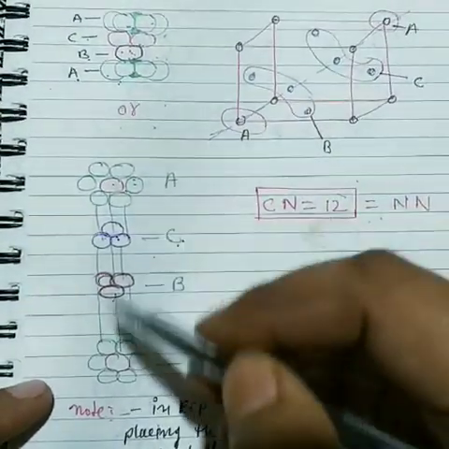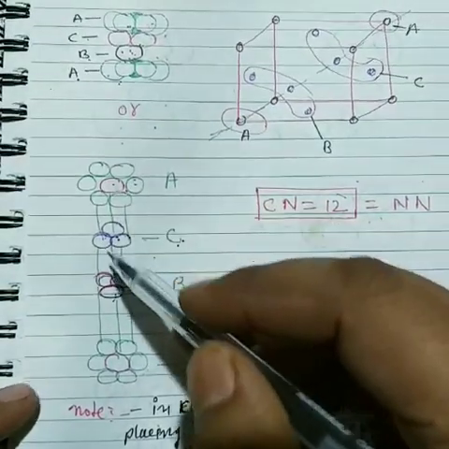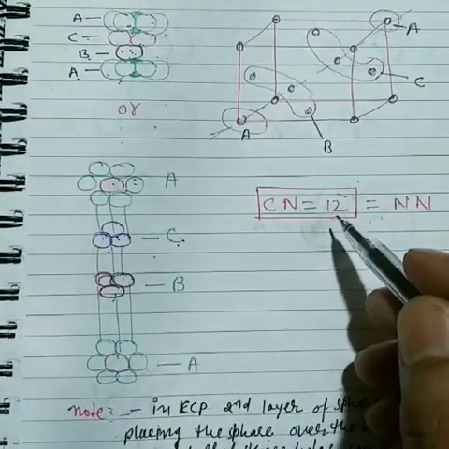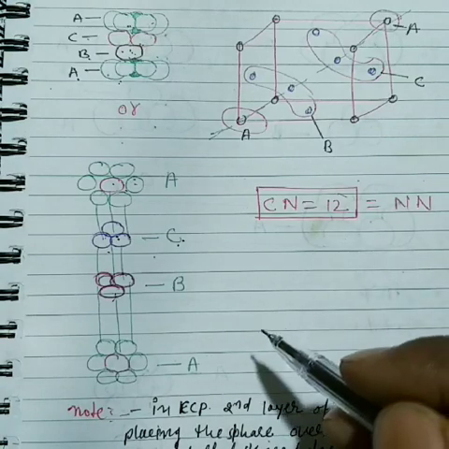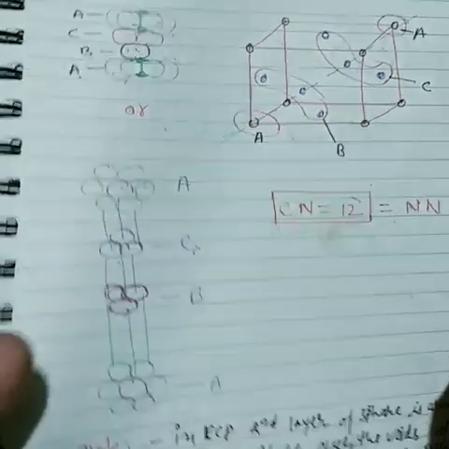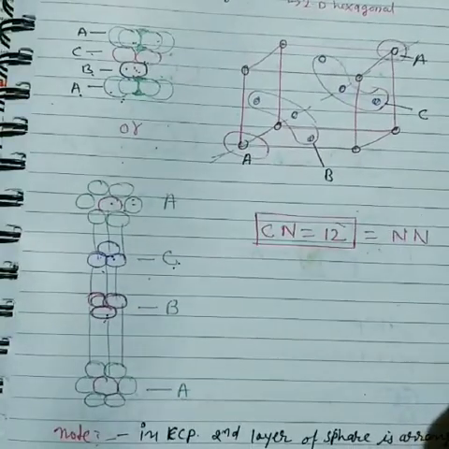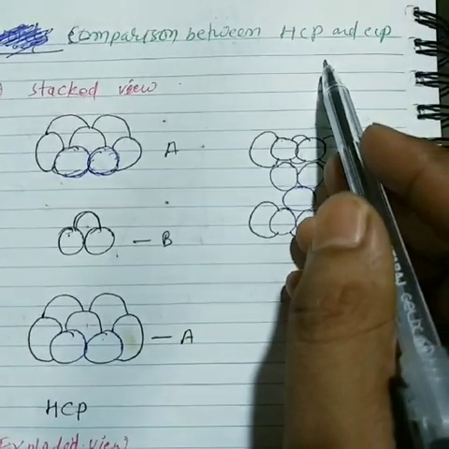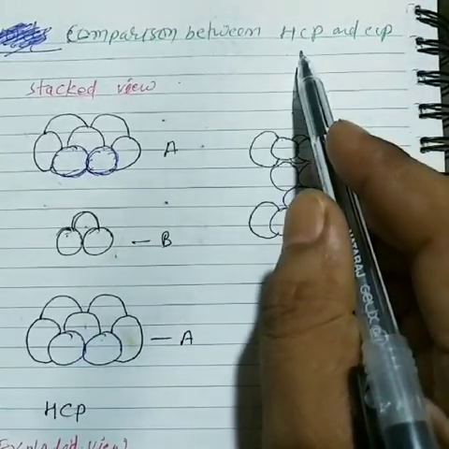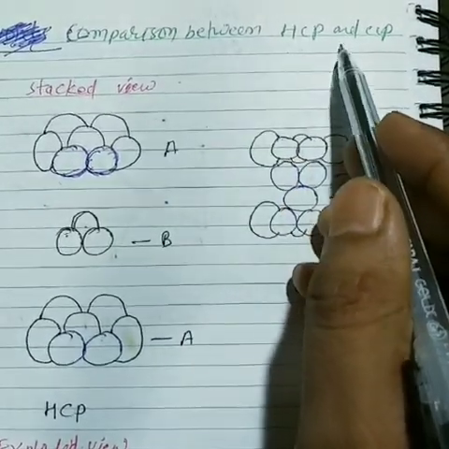So similarly, how many atoms does it touch? 12. Here it is very important. So see the basic difference between SCC, HCP and CCP. Now this will be a clear idea. What is the basic difference between HCP and CCP?